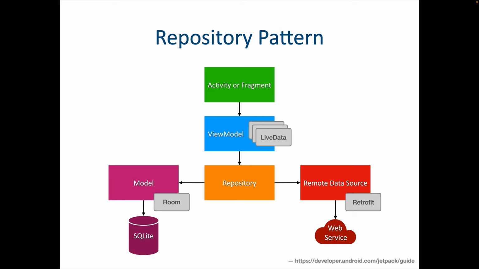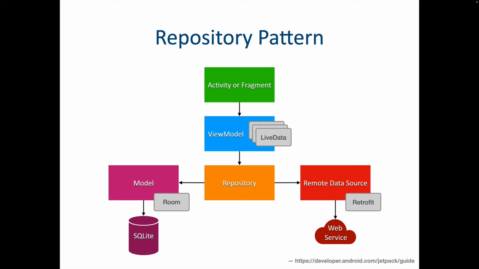To see how the Retrofit library fits into the Android architecture, take a look at this diagram of the Android architecture using a repository pattern. The repository component of the Android architecture controls access to data regardless of where it comes from.